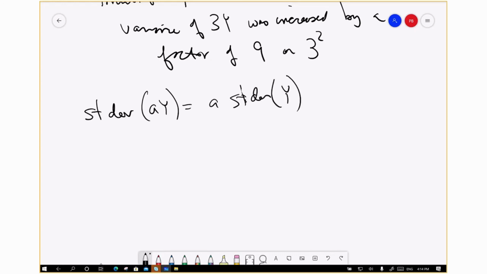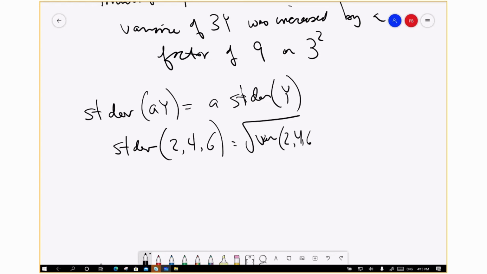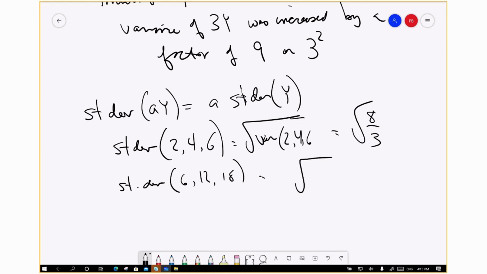Again, we go back to our simple example. The standard deviation of 2, 4, and 6 is going to be equal to the square root of the variance, which is the square root of 8 over 3, and the standard deviation of 6, 12, and 18 is going to be equal to the square root of 72 over 3.